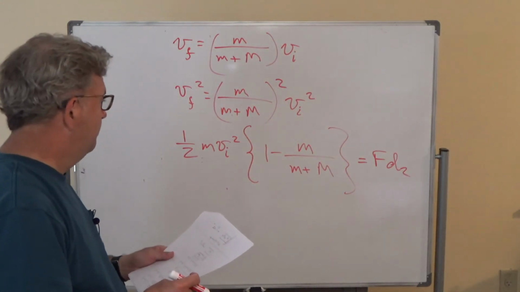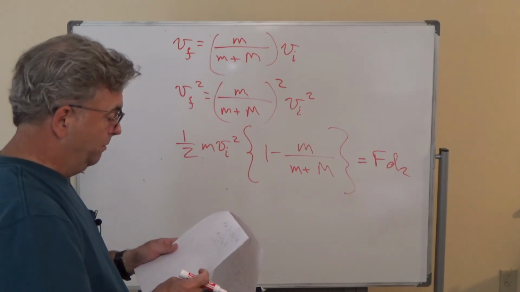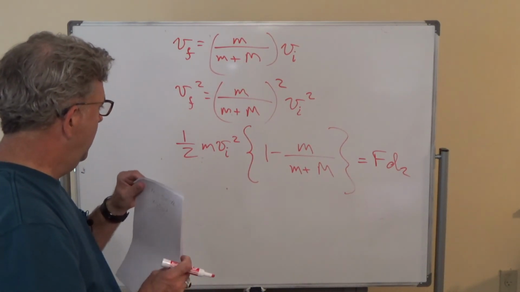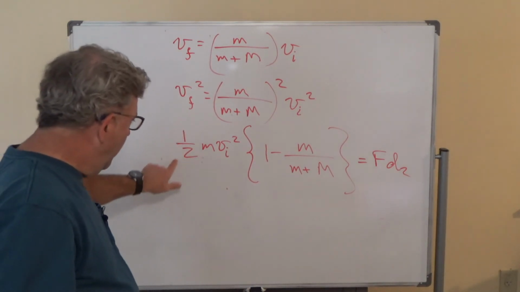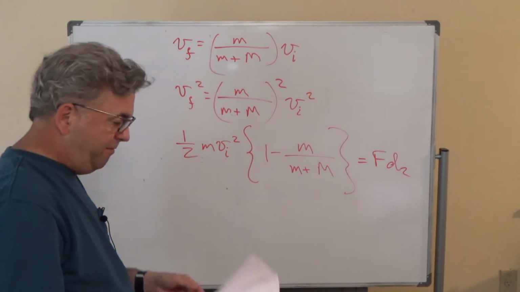Okay. You make a substitution. But 1/2 little m V initial squared is equal to F D1.